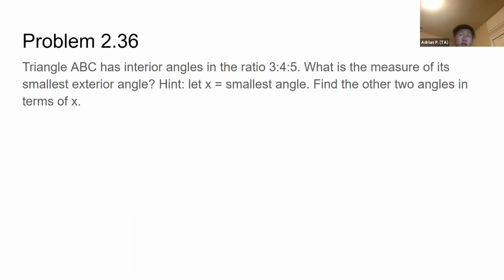Okay, so would anyone like to take a stab at this question, or do you want me to go ahead with the explanation? So how we can find the smallest angle is 3 over 3 plus 4 plus 5, which is 3 over 12, times 180 equals the smallest angle.